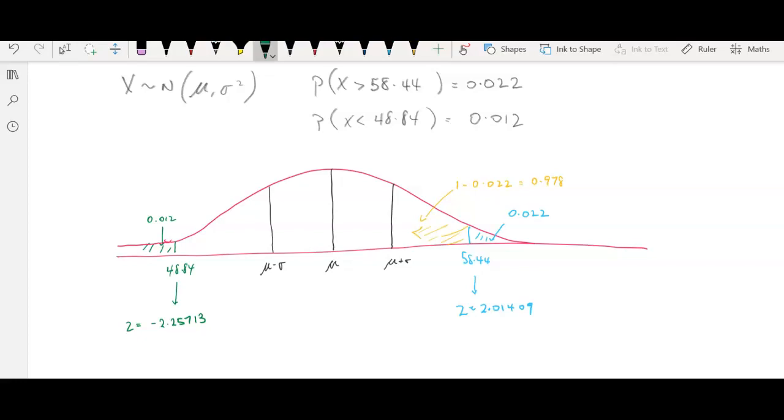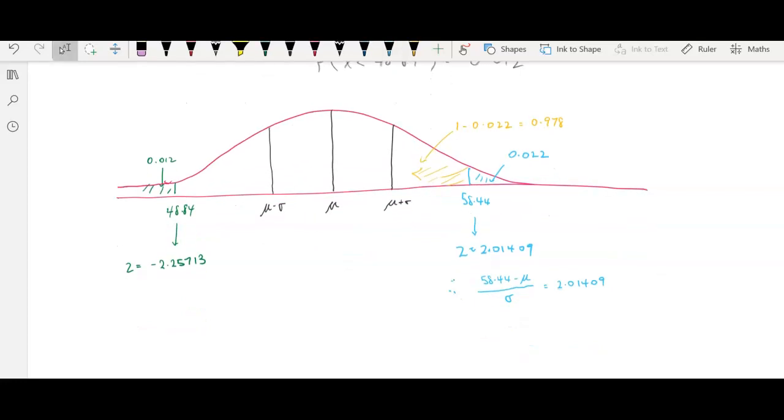If I continue my color coding, out of this I'm going to get that 58.44 minus my mean over my standard deviation is going to be equal to 2.01409, because remember that the difference between my score and mean divided by my standard deviation gives me how many standard deviations above or below the mean I am.